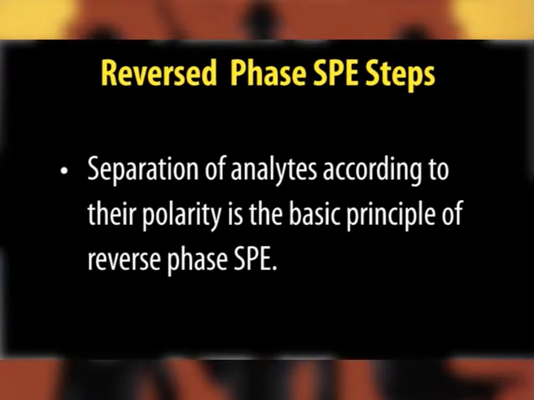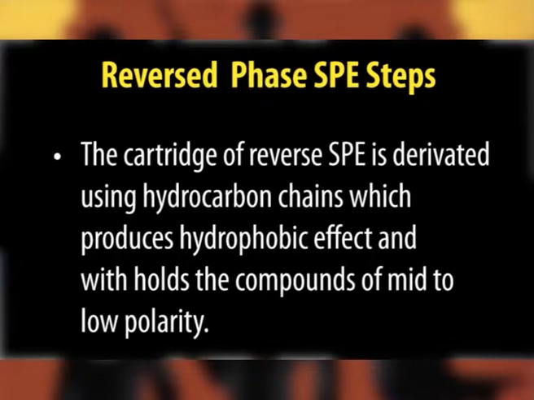Reversed phase SPE. Separation of analytes according to their polarity is the basic principle of reversed phase SPE. The cartridge of reversed phase SPE is derivatized using hydrocarbon chains, which produce a hydrophobic effect and withhold the compounds of mid to low polarity.